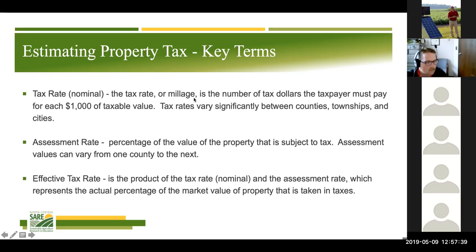That is essentially the number of tax dollars you're going to pay for every $1,000 of taxable value. And that's going to vary significantly based on your county, township, school district, city, and so forth, so your local municipality. The assessment rate is going to be the percentage of the value for that property that is going to be subject to that tax. And your effective rate is simply going to be the product of the two.